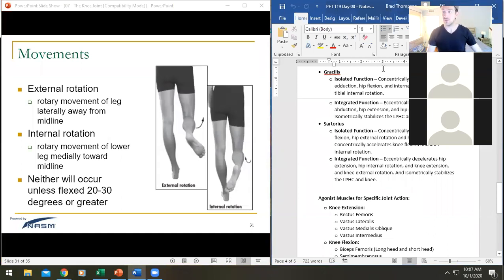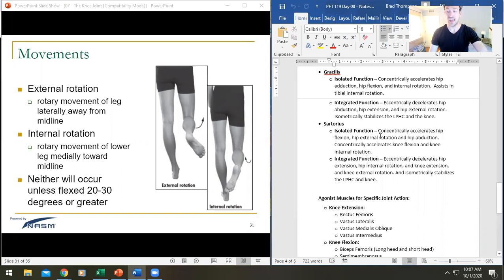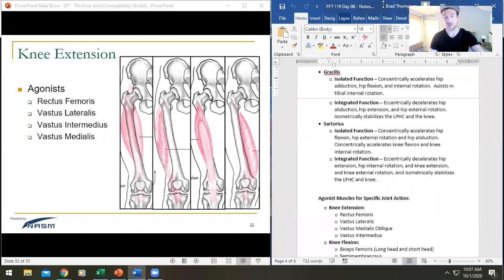I know sometimes that gets confusing, because that is what your biceps femoris does. It does tibial external rotation, which causes the knees to cave in. So there's your external, there's your internal. Medial hamstring is in charge of this. Lateral hamstring is in charge of this. Biceps femoris, medial hamstring.